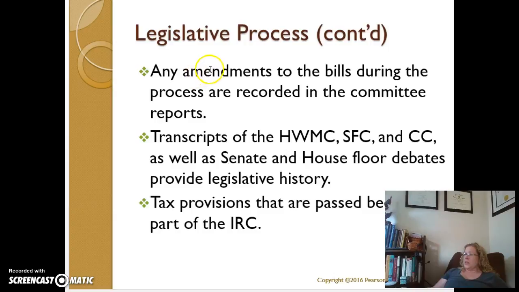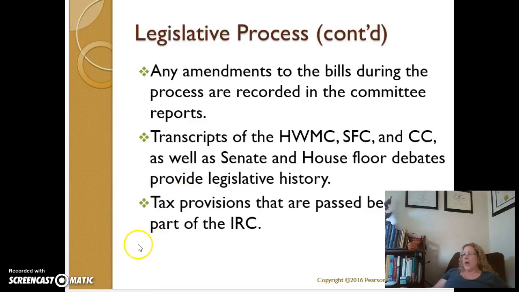Any amendments to the bills during the process are recorded in the committee reports. Transcripts of the House Ways and Means Committee, the Senate Finance Committee, and the Joint Commission, as well as the Senate and House floor debate, provide the legislative history for the bill.